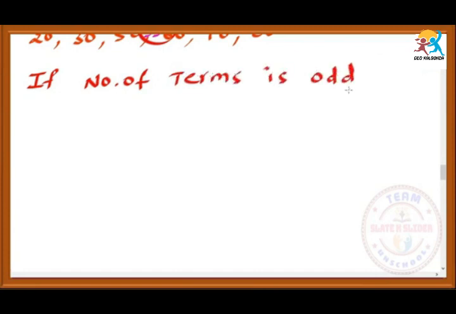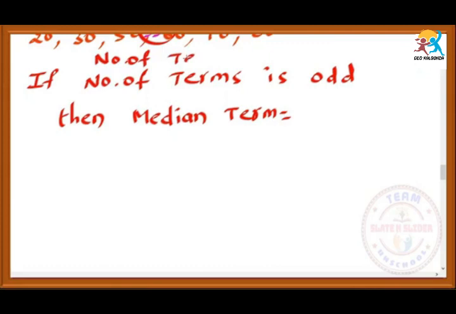So we can generalize this. How to generalize? If the number of terms is odd, then the median term is equal to... first we should write the number of terms.